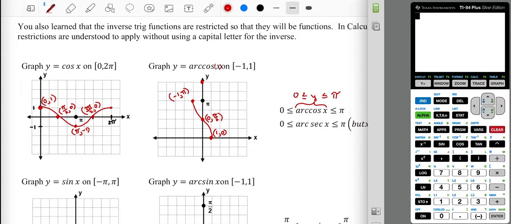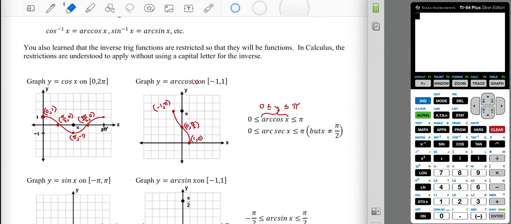Now we wouldn't just define this by saying that the x values have to be between -1 and 1, because that doesn't help, right? Because this point up here has an x value between -1 and 1, so does this and this and this, but it's still not a function. All right, so we would have to actually restrict the y's here rather than the x's. All right, so we're actually looking at the range rather than the domain.